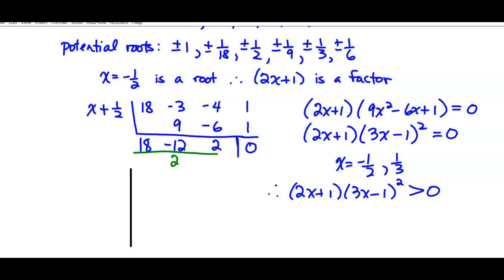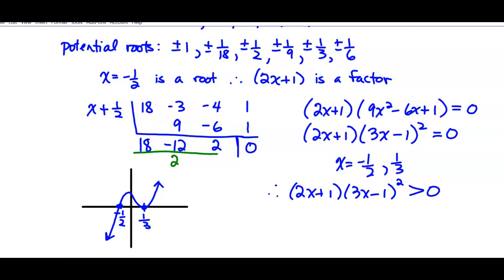If I do a sketch here, then -1/2, 1/3. Positive leading coefficient, so going up here. Multiplicity of 2 means it's going to be U-shaped, and then go through.